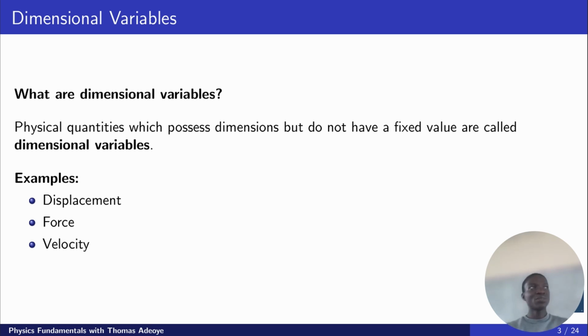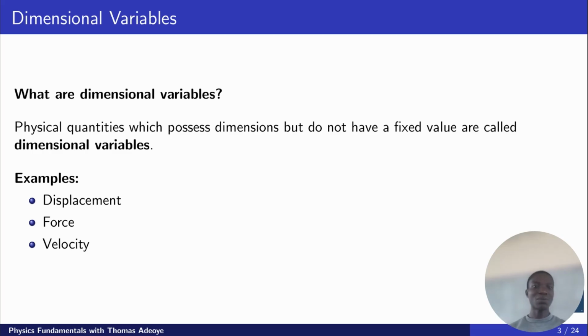We mentioned the speed of light in a vacuum, whose value is approximately 3 times 10 raised to the power 8 meters per second. It has a fixed value. But as for dimensional variables, these are quantities that have dimensions, but their values vary. They don't have fixed values.